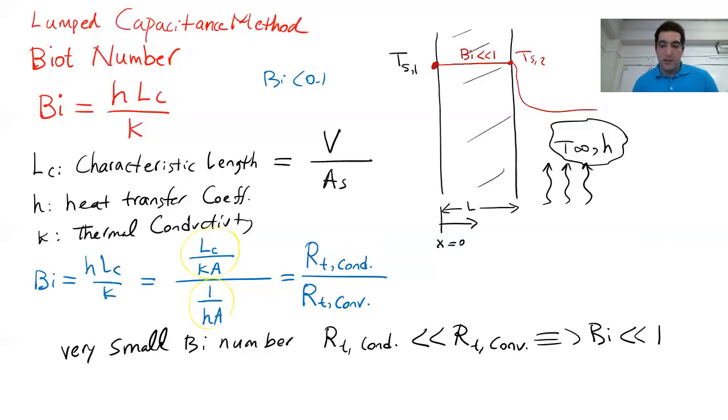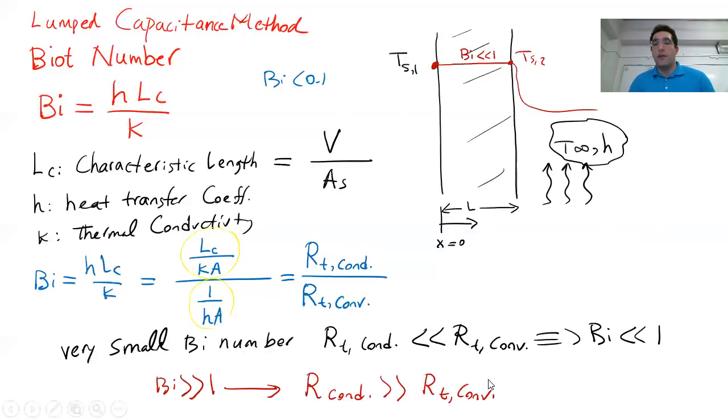Now consider the case where the Biot number is very large, much greater than 1, for example 10. That means the resistance by conduction is much larger than the resistance by convection. An example of this is a plastic object you're putting in a liquid. The resistance by conduction is high because k of the plastic is low, so overall Lc over kA is high.